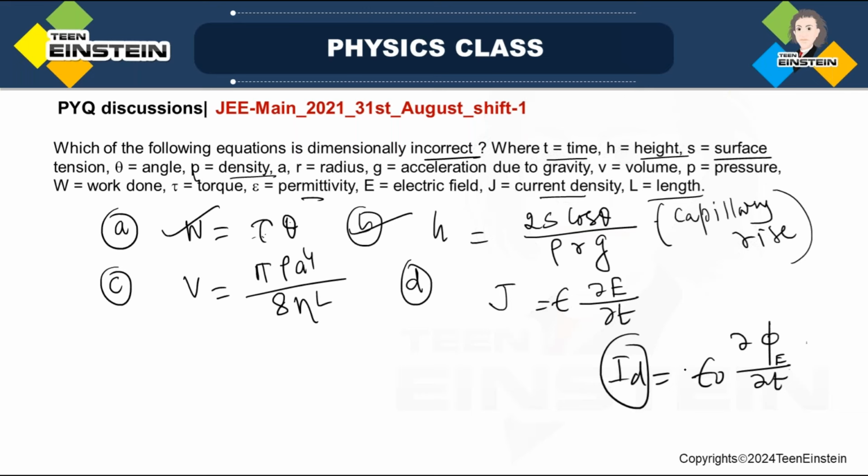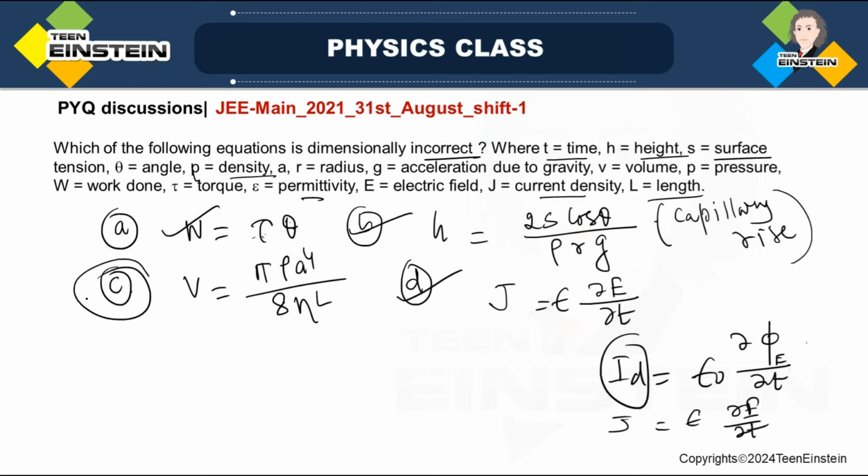Okay, when you multiply this phi is equal to E into A and divide that, so I'll get J is equal to epsilon naught del E by del T. So I don't need to do this further since I remember the expression. So this is also correct. So this must be then incorrect. So the answer will be this C.